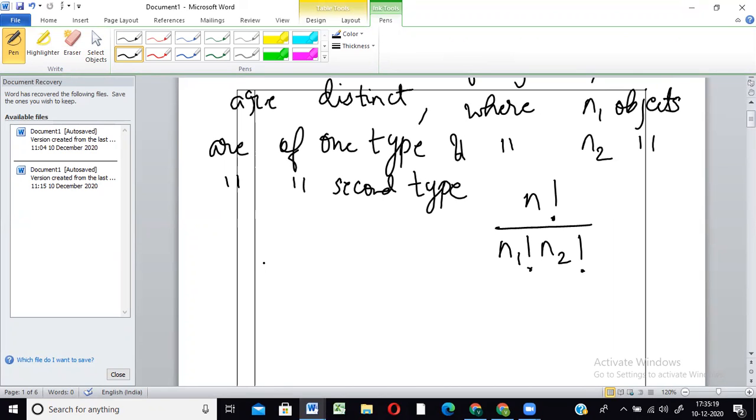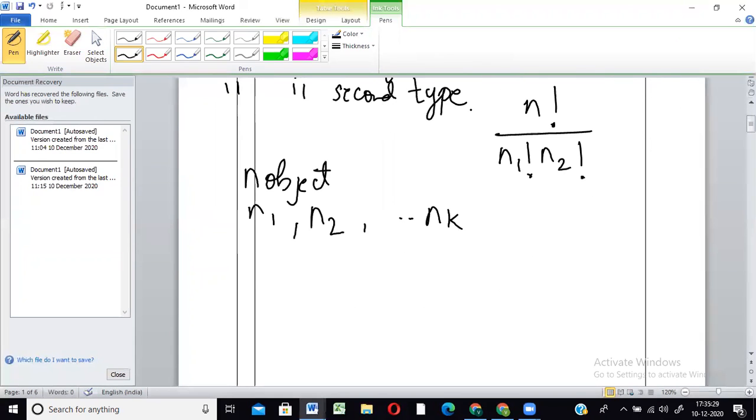So in general, if we have n objects, with n1 of type 1, n2 of type 2, and so on till nk objects of type k, then the number of permutations is n factorial upon n1 factorial into n2 factorial, and so on. You extend this as many times as the number of types you have, till nk factorial. This is a formula you have to remember.